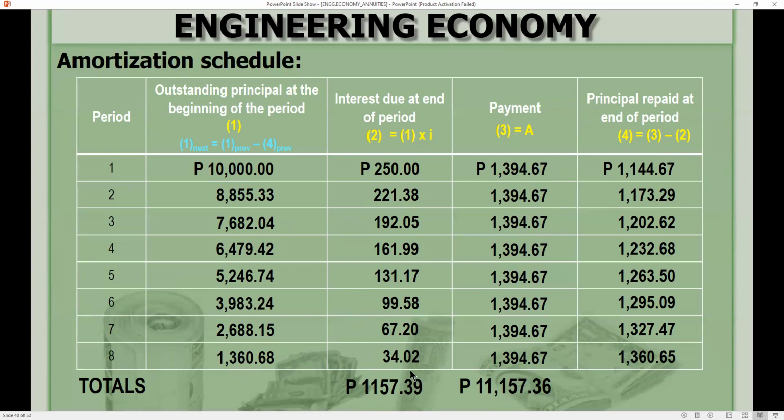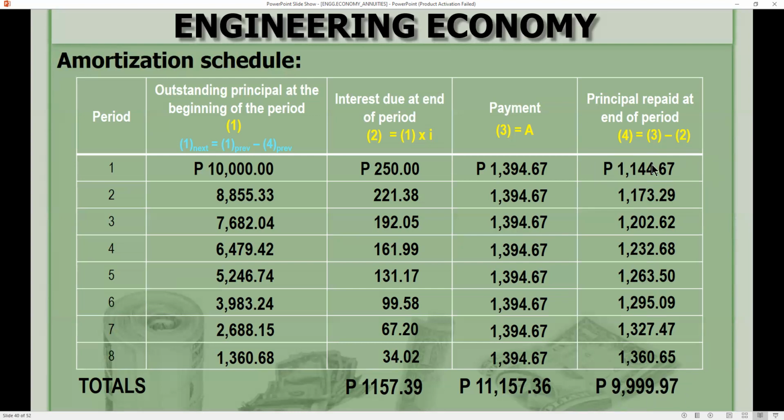Equal na, no? Just a rounding error. Okay? And if you add up the amounts you repaid toward the capital, it will add up to 10,000.